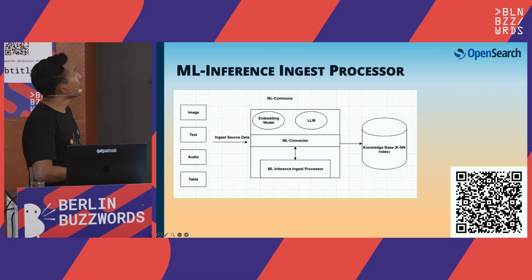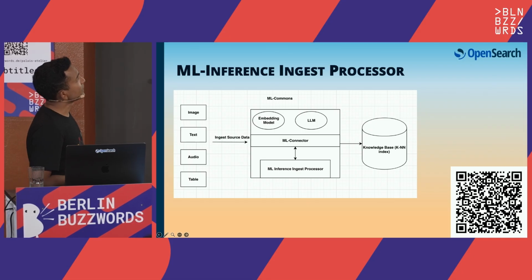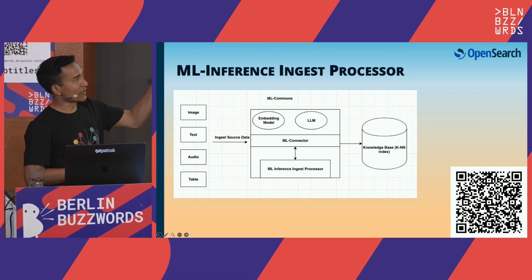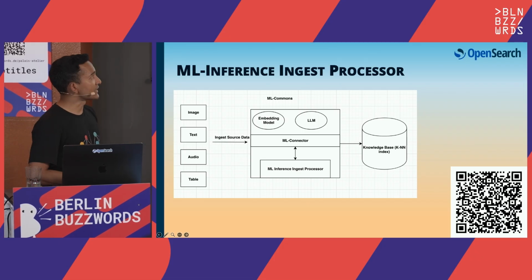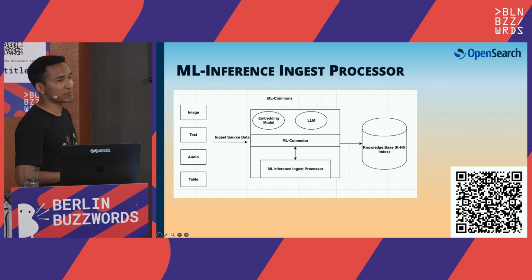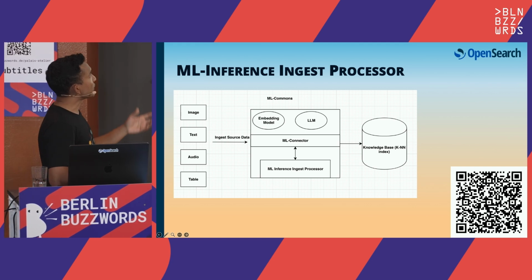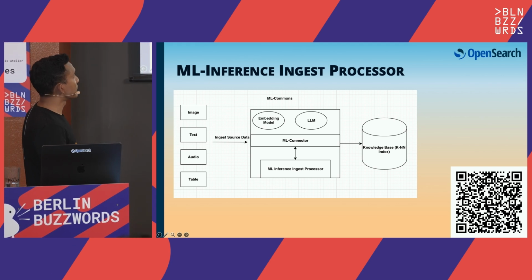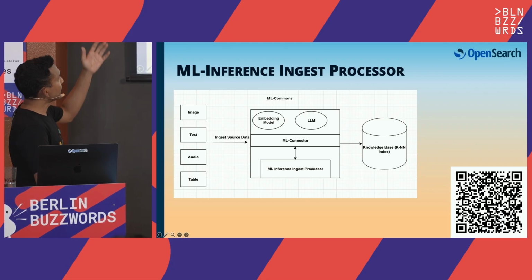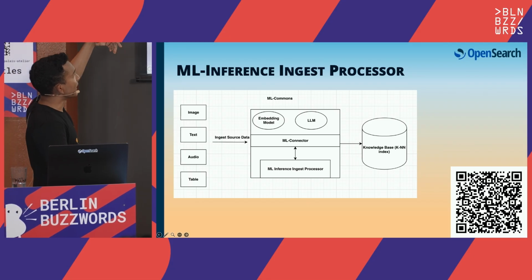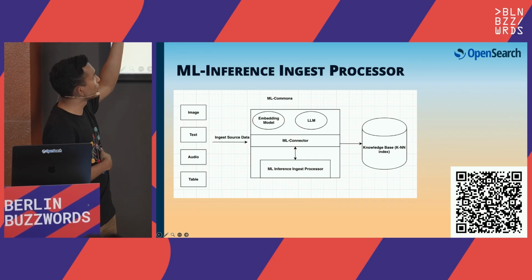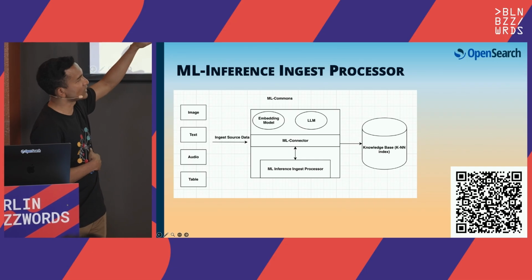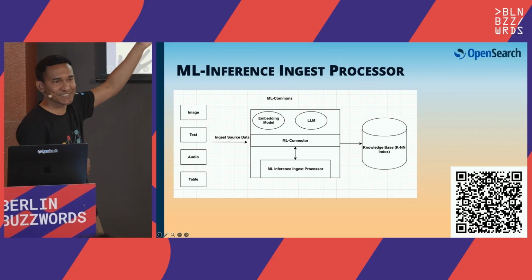For example, this is the ML inference ingest processor. By the way, I have QR codes for my websites so that you can scan them and find more details about those processors and everything. This is a simple diagram: you can have multiple modalities, and this is the source data you can ingest into ML Commons, aka OpenSearch.